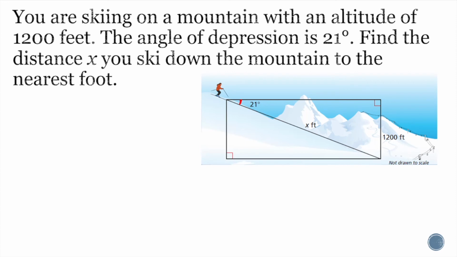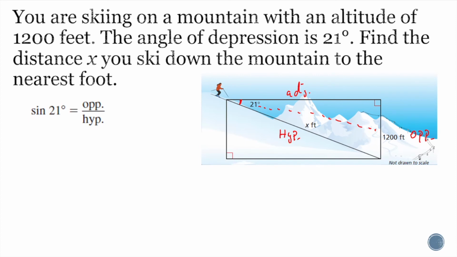So hopefully you got this down by now, but this is my opposite side. This is my adjacent side, while the value of x is my hypotenuse. So what trig ratio would I use to find the value of x? Sine, cosine, or tangent?